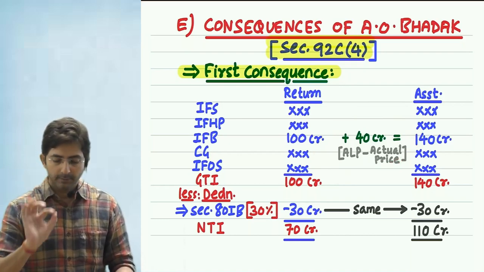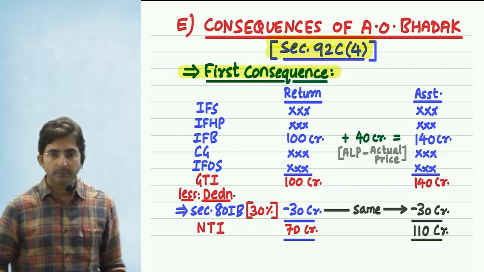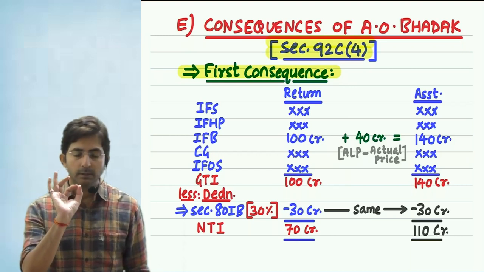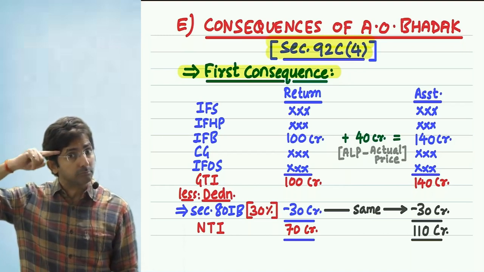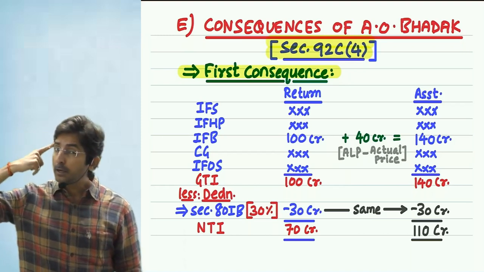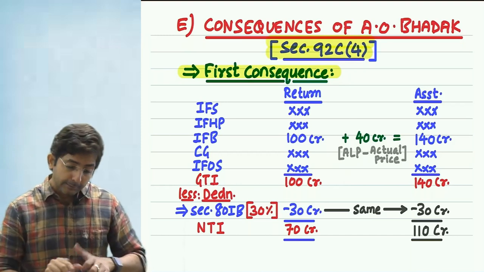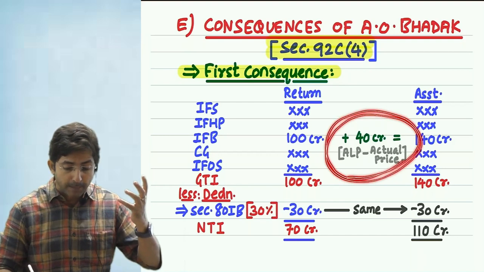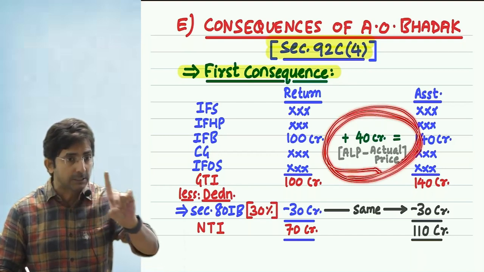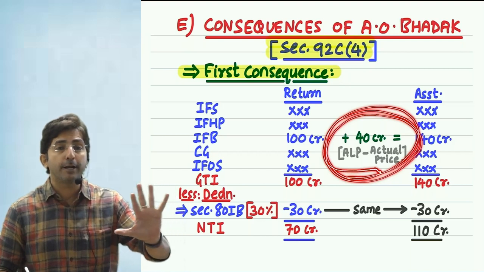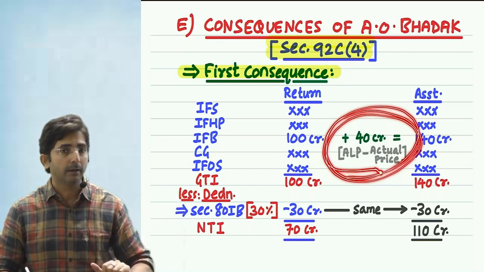See, how will you write this thing in the exam? See the legal provision. If ALP is computed by AO, then the addition made by AO shall not be eligible for deduction under chapter 6A and 10AA.